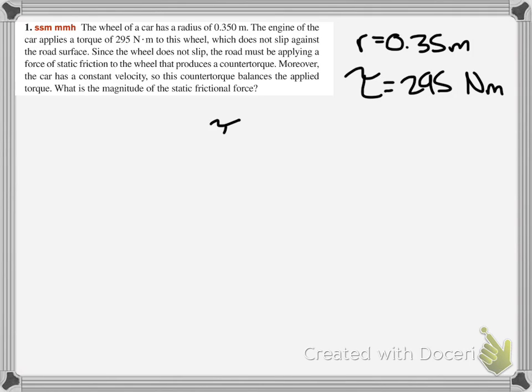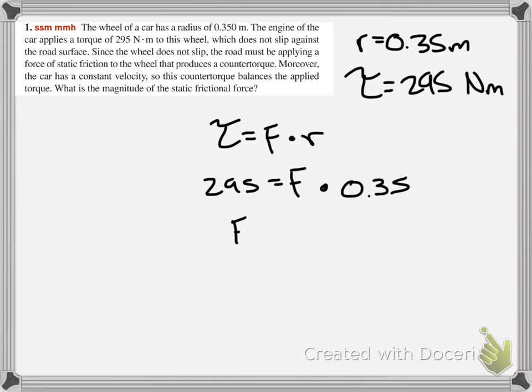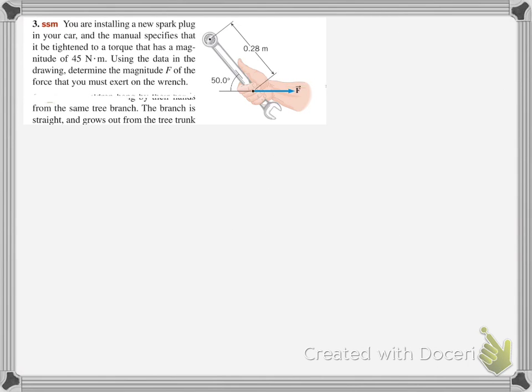You know that T is equal to F times R. They give you T and R and they ask for F. This is just basic algebra now. Plug in the values and divide 295 by 0.35 and you'll end up getting 842.86 Newton meters.